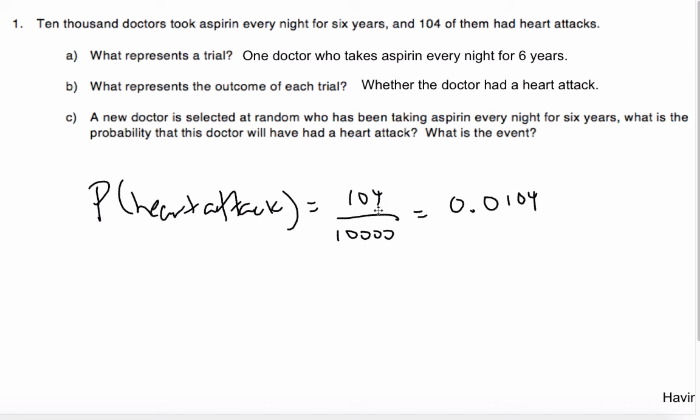And so that's the probability of this doctor having a heart attack. And what is the event? The event is having a heart attack.